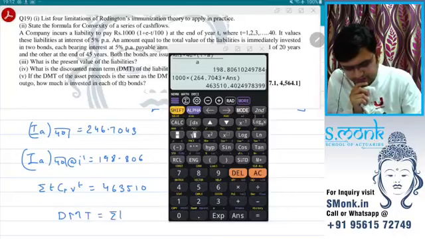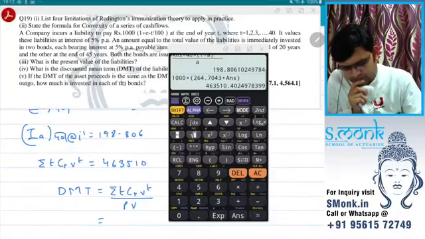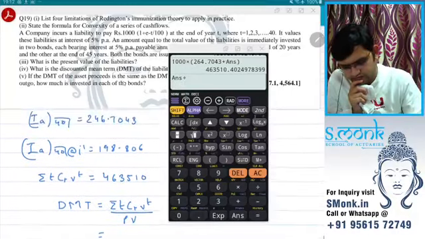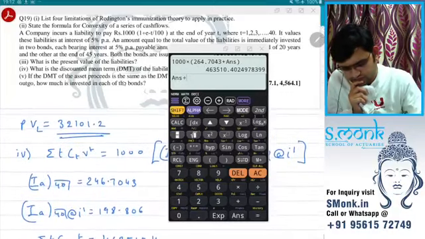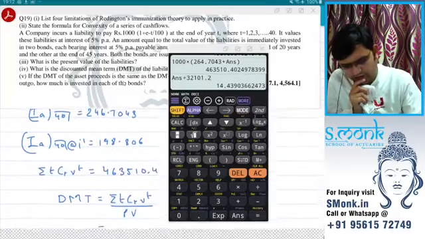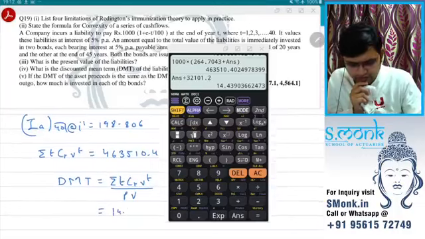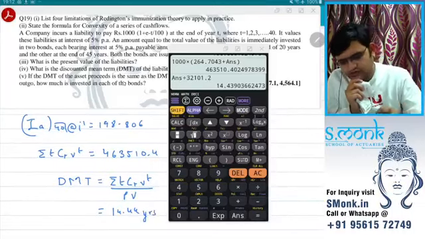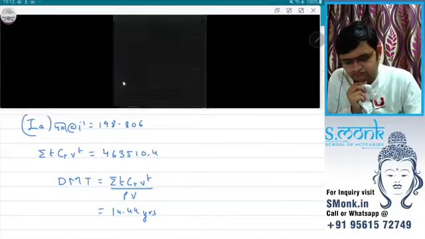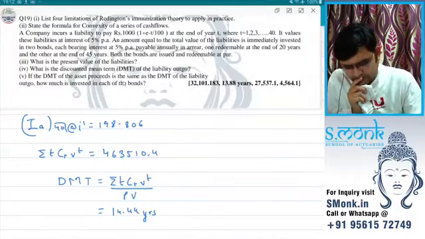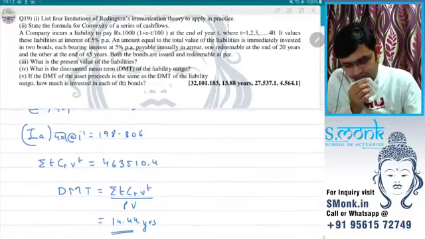DMT is 14.44. Now just check my calculation one more time because you can see there seems to be a big difference, 13.88 and 14.44.